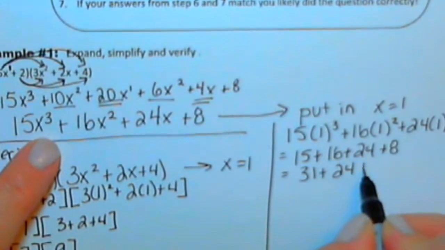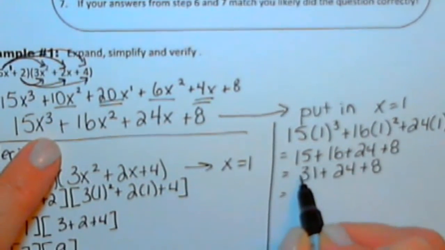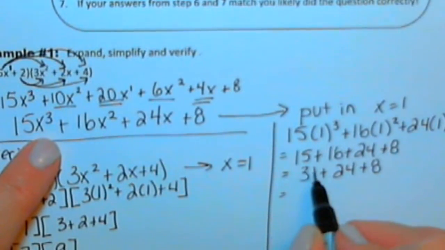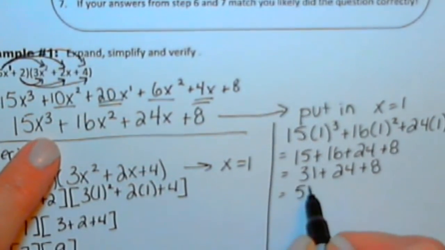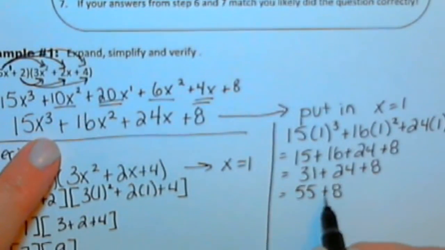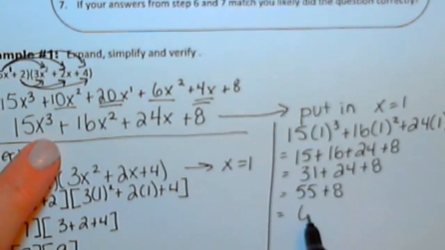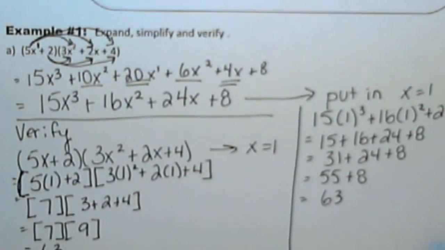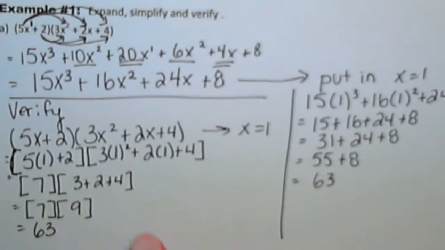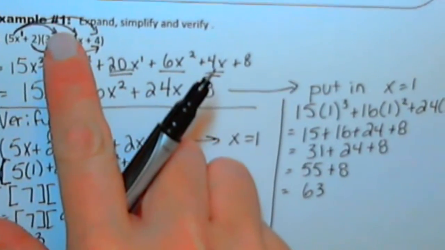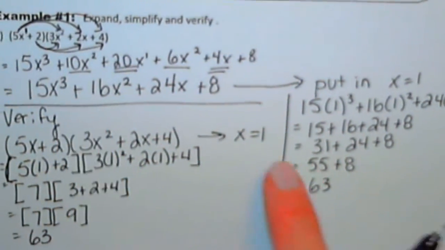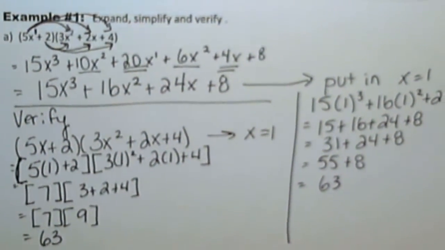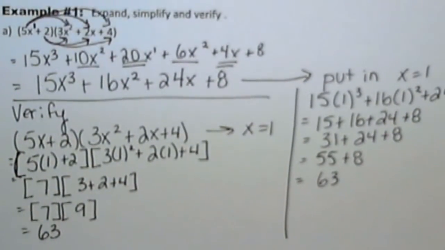Plus 24 is 55, plus 8, and 55 plus 8 is 63. Since I obtain the same answer whether I put 1 into the original question or 1 into my answer, it would seem that I have verified this question and I've done it correctly.